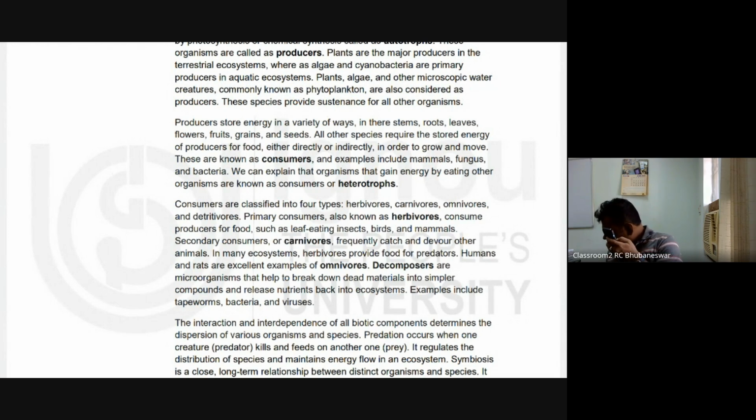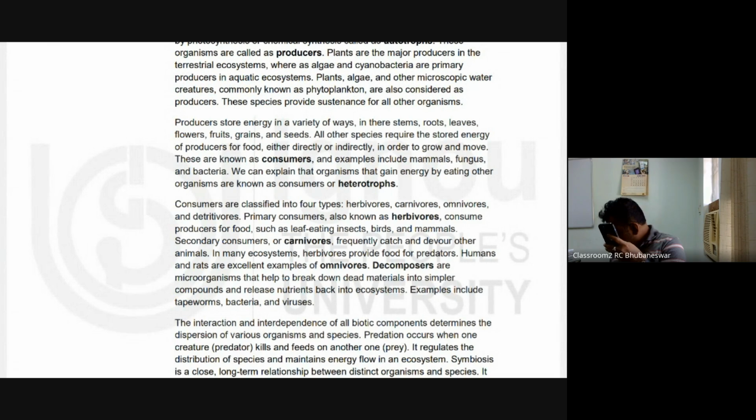These are all the species that eat the primary producers, directly eating plant products, and they are called herbivores, like insects, birds, and some mammals.